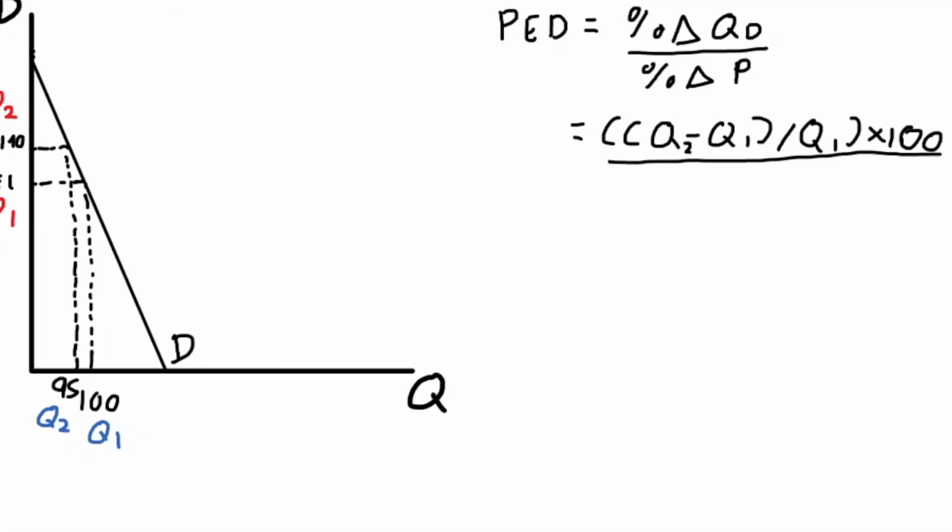We do the same below the line. So we have P2 minus P1 all divided by P1, and again we multiply that by 100.